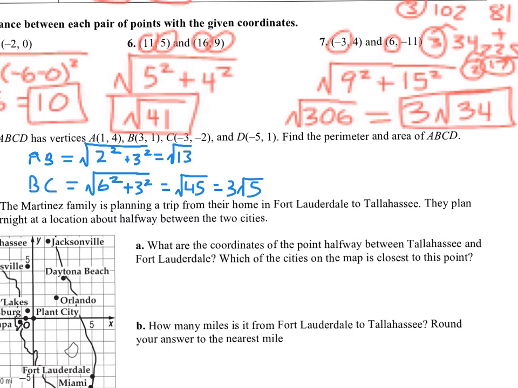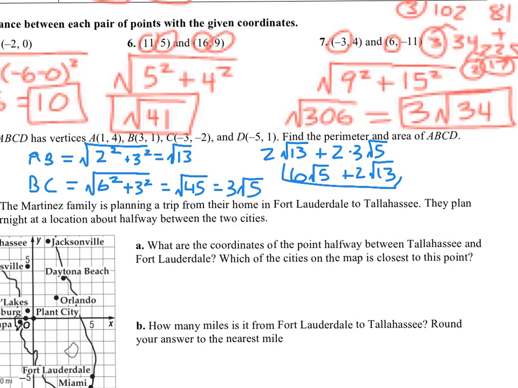So the perimeter will be 2 of these plus 2 of these. So the perimeter will be, and remember that the smaller radicand should go first, 6 rad 5 plus 2 rad 13.